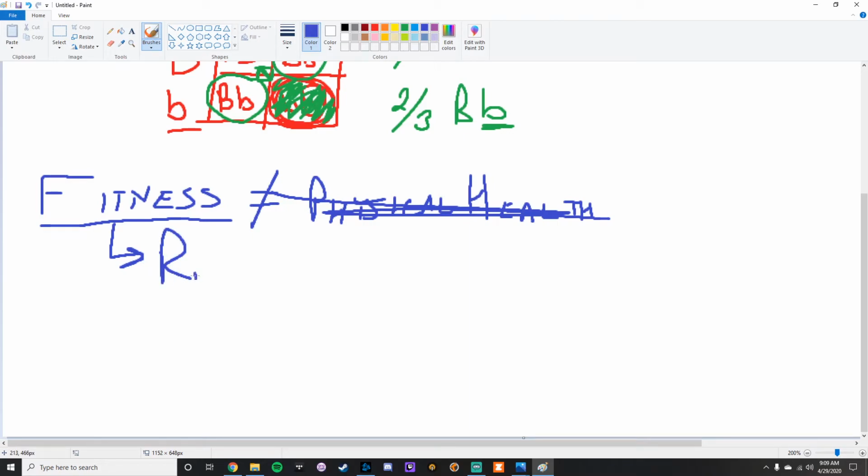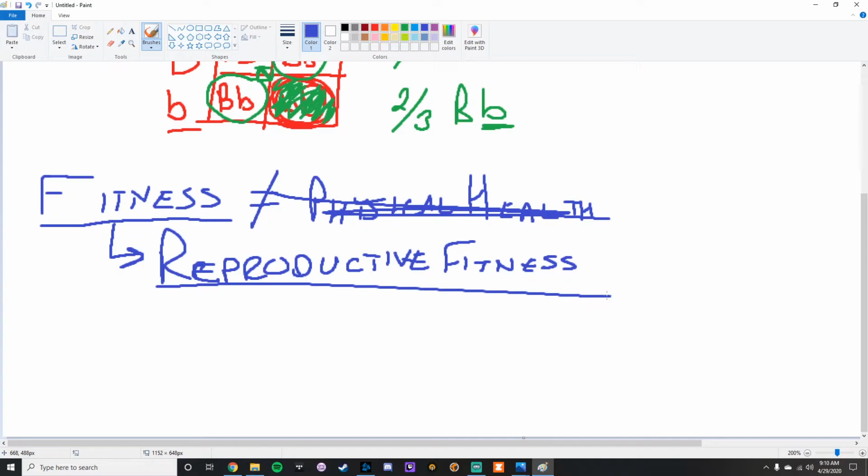It is reproductive fitness. So what does reproductive fitness mean?